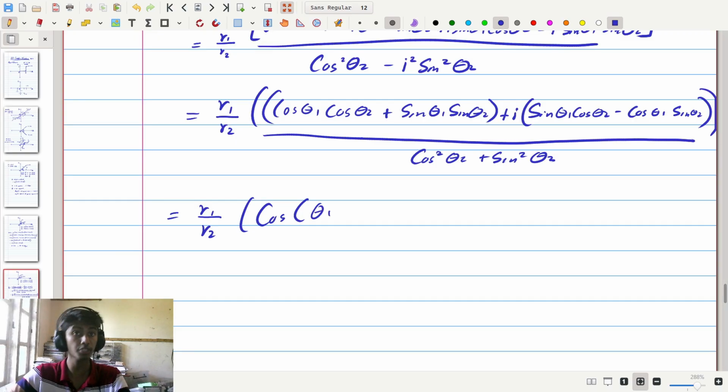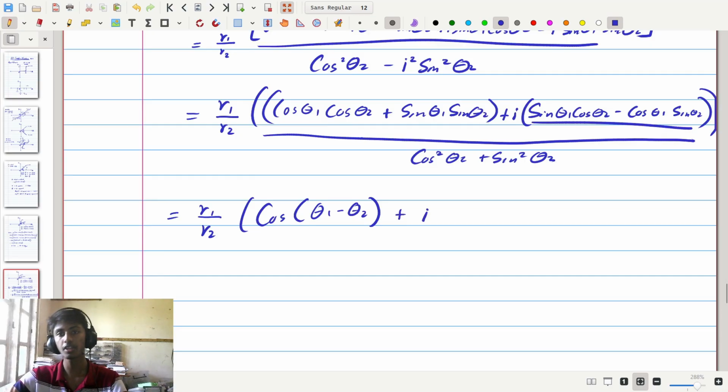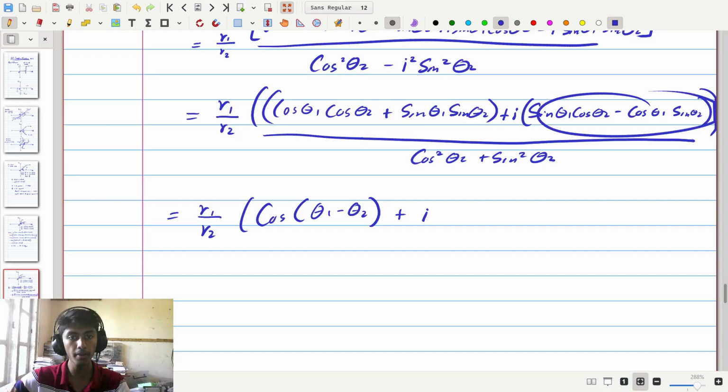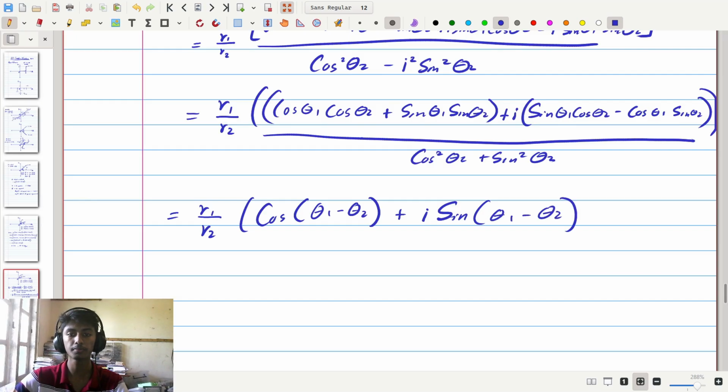It's also the equation for cosine of theta 2 minus theta 1, but for now I'm going to write it as cosine of theta 1 minus theta 2. And the reason for that is, if you consider the second term, which is i times something, the something that we have on the inside here is the sine of theta 1 minus theta 2, not theta 2 minus theta 1. This one can only be theta 1 minus theta 2.